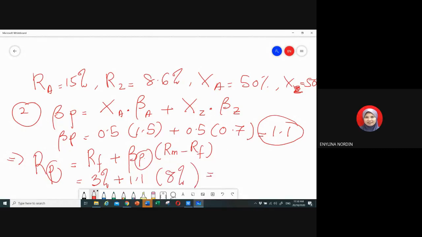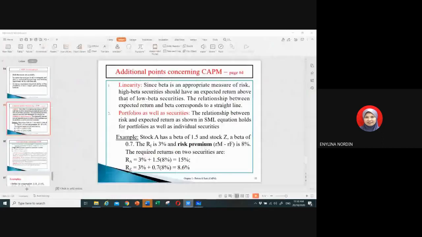Then you multiply, and you get the portfolio's return of 11.8%.